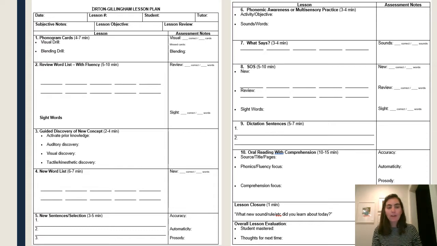And step 5 is your reading sentences or a small selection that's decodable. It only includes words that you've just learned or have learned in previous lessons. Step 6 is a phonemic awareness or multisensory practice. This is where I usually do something like Wilson magnets or reading rods or some sort of a sort.